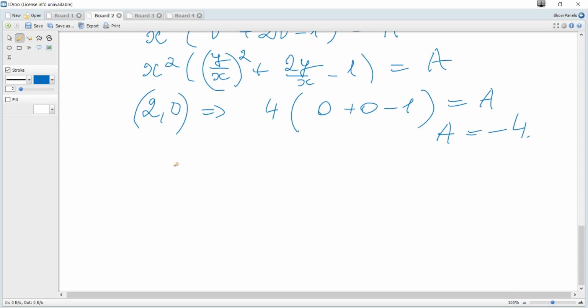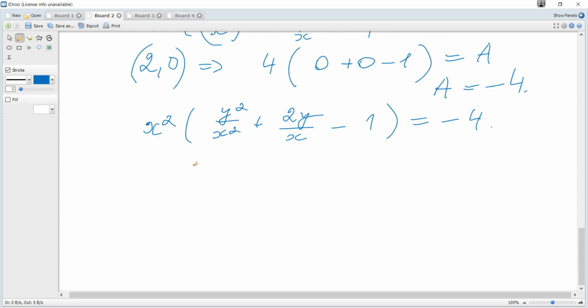And okay, let's rewrite firstly, so it's x squared times y squared over x squared plus 2y over x minus 1 is negative 4.